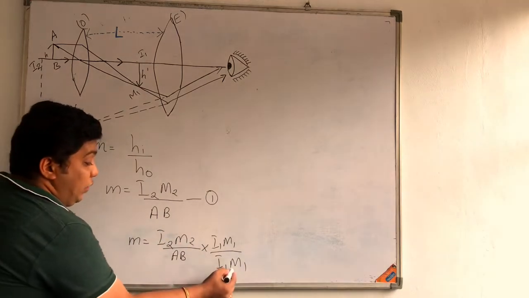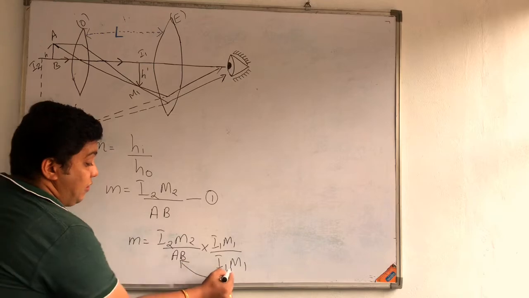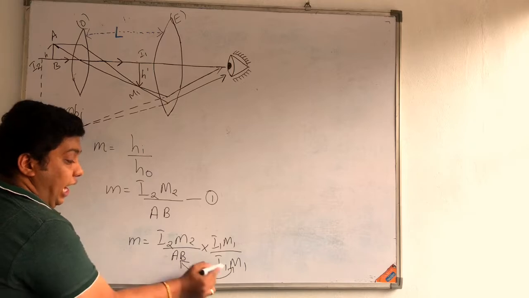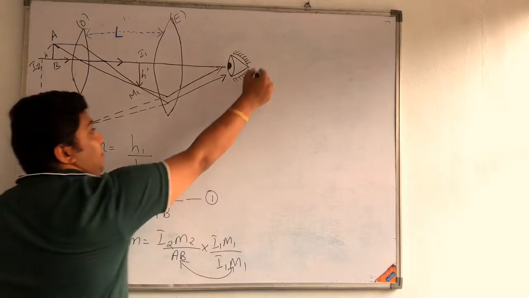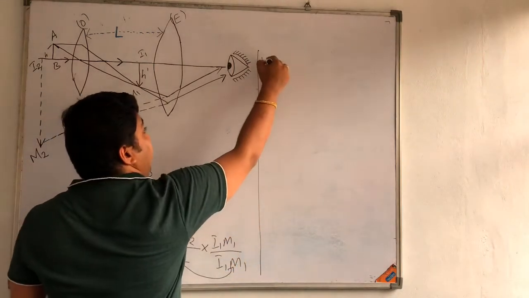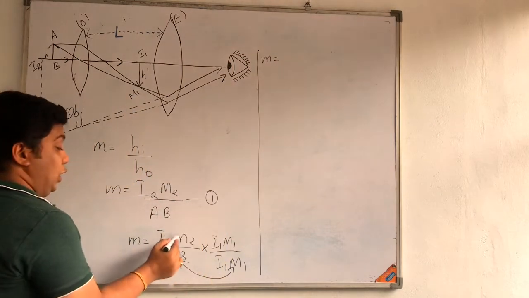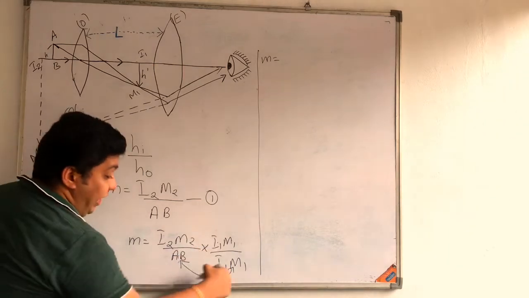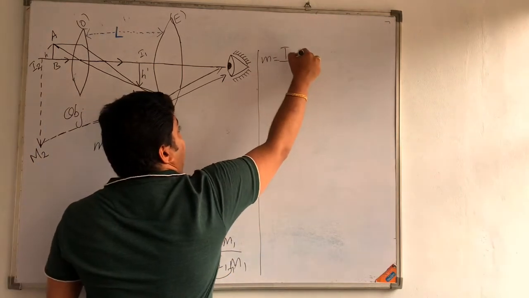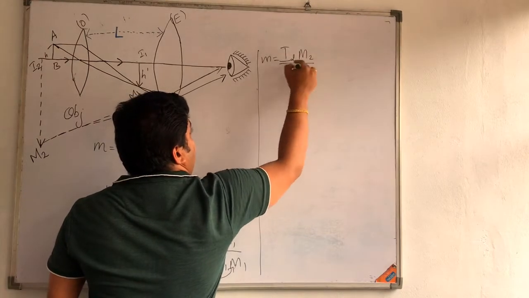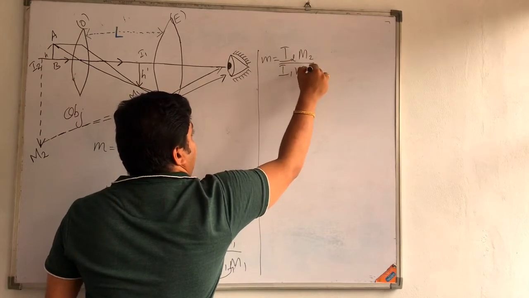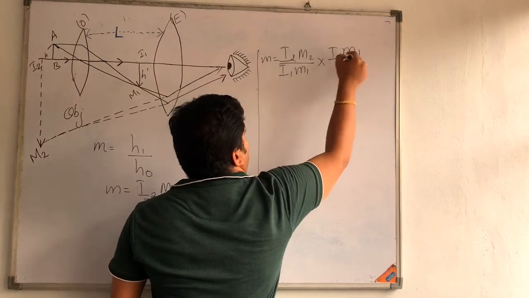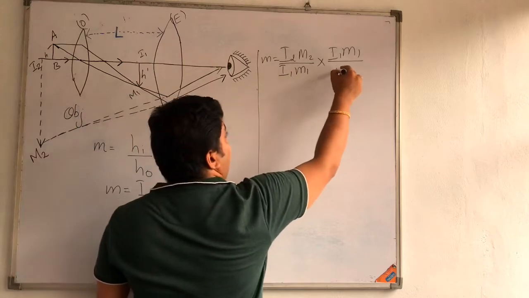Now we interchange the denominators: in the position of AB, I1M1 will come and vice versa. Therefore, magnification is equal to I2M2 divided by I1M1 into I1M1 divided by AB.